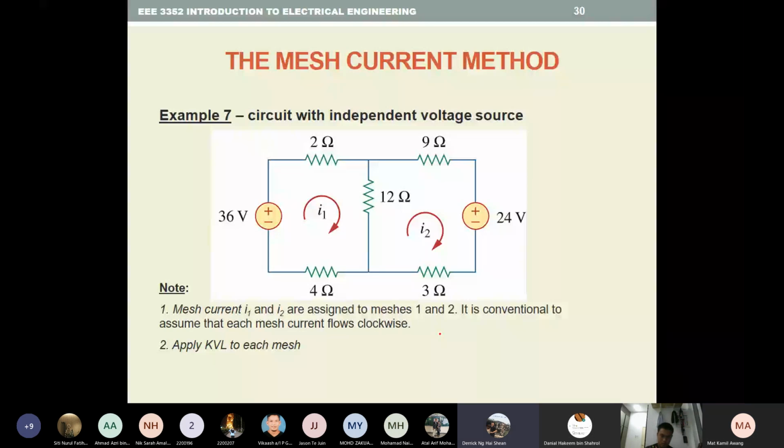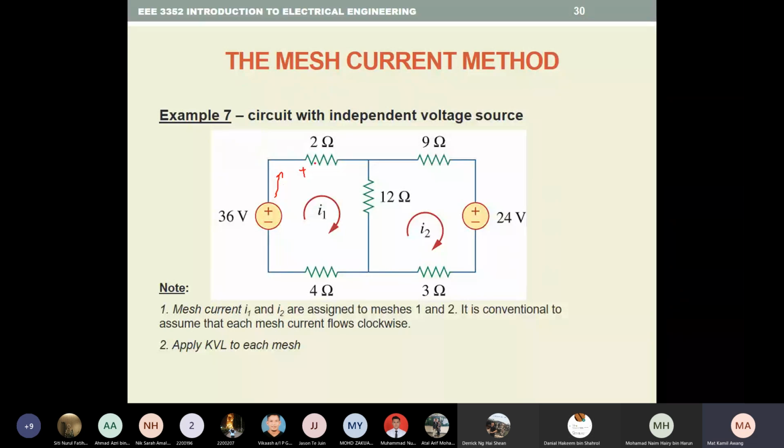Okay, 36. You see this? Current is going out, right? So going out from the positive terminal, we use the convention of positive. So 36 volts, and this one is going into the positive terminal because this absorbs the energy, so it will be negative. So I1 times 2. Remember V equal to IR.